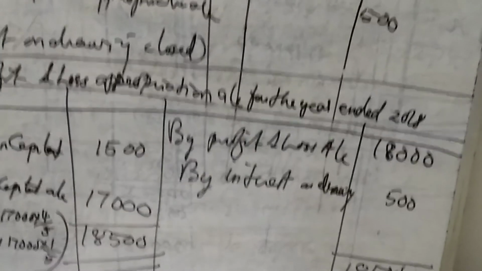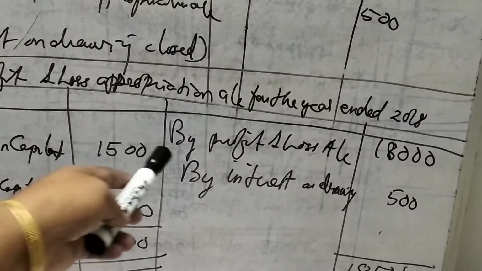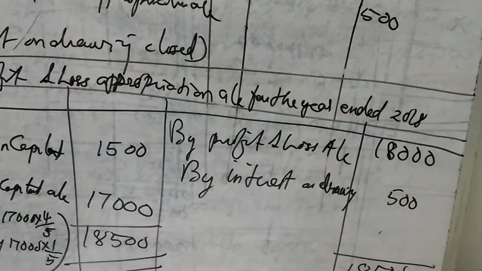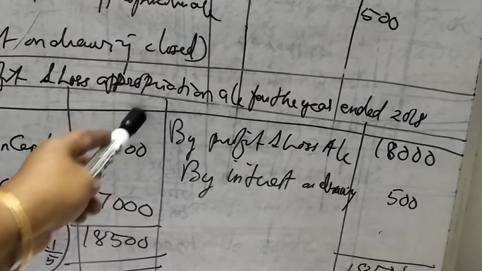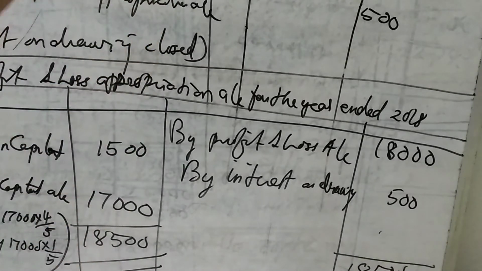See there. First, this is the opening balance 18,000 given in the question. Then journal entry: profit and loss appropriation account to interest on capital 1,500. First, second journal entry.